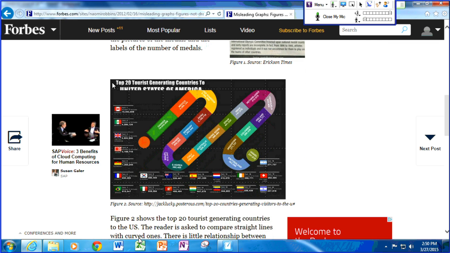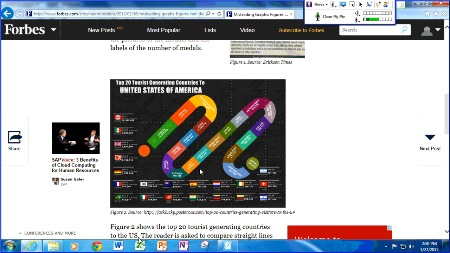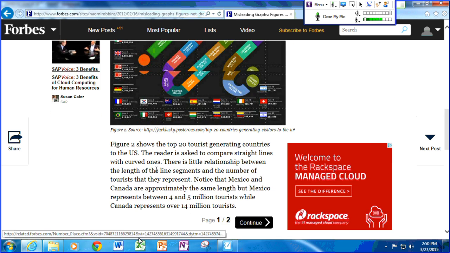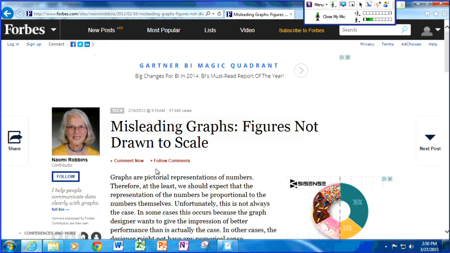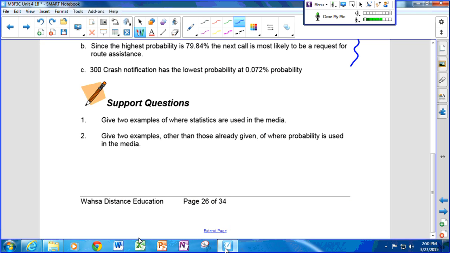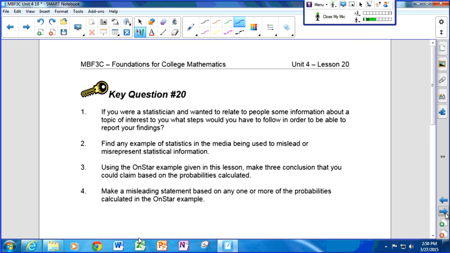So anyway, you could have a chance to explore these ideas on your own, and if we take a look at the key questions, for this last unit, the last lesson, you'll be going off and exploring things.